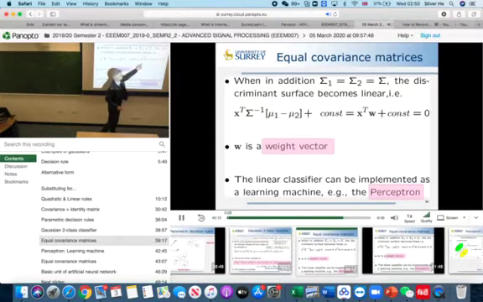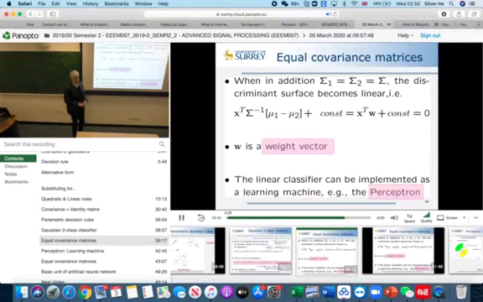That's the inner product, and then you've got some constant that tells you how far along your boundary is. This is a very classical pattern recognition system, multiplying by this weight vector and comparing with a constant. Essentially you say, if this is bigger than 0, then assign it to class A. If it's less than 0, you assign it to class B.